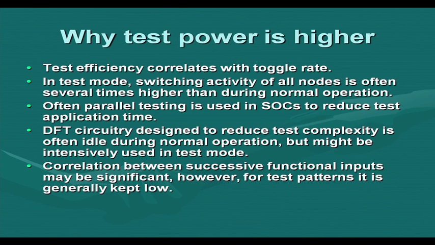Those modules are not active in the normal mode of operation of the circuit, whereas in test mode they come into picture. In test mode, this circuitry will be activated. That will reduce the test complexity, but it will be intensively used during testing. So, the power consumption of those circuits will add to the overall system power consumption.